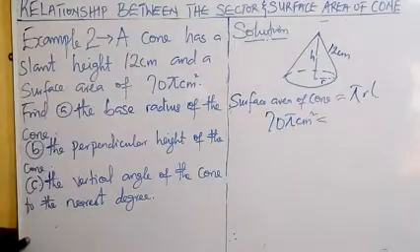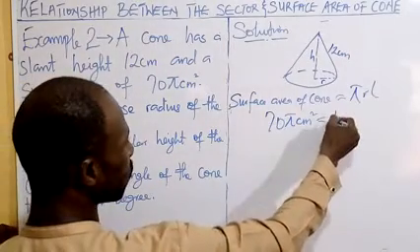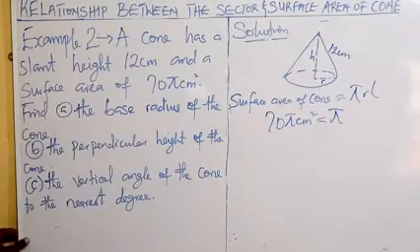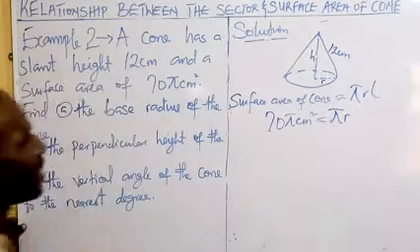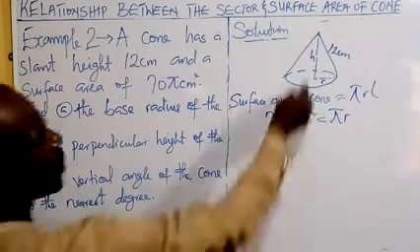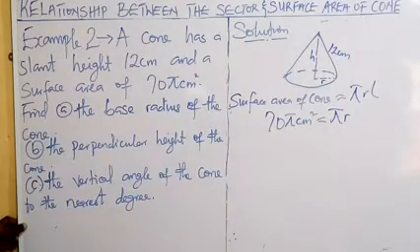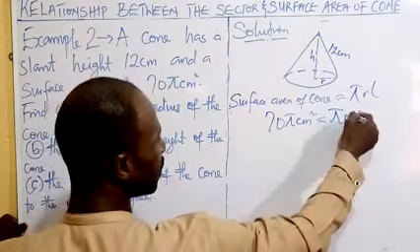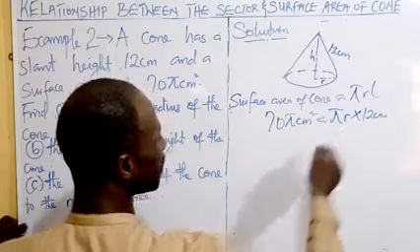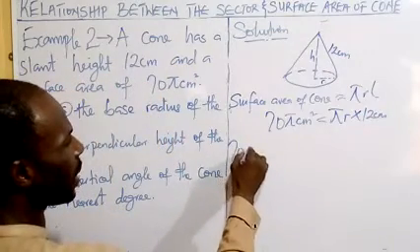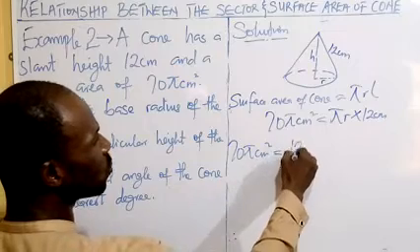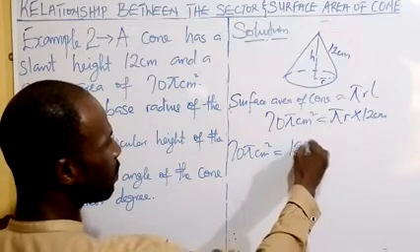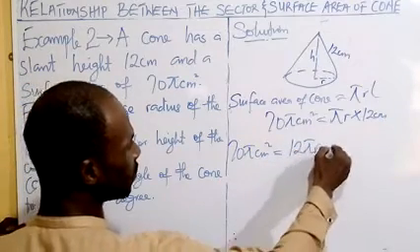Pi is a constant. We don't know the R. What about the L? The L represents the slant height, which is 12 centimeter. Therefore, we have 70 pi centimeter square equals 12 pi r centimeter.